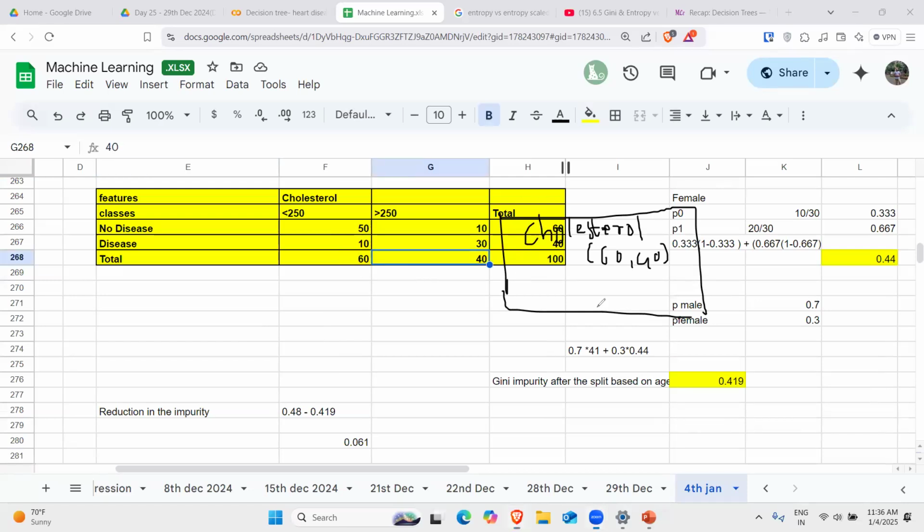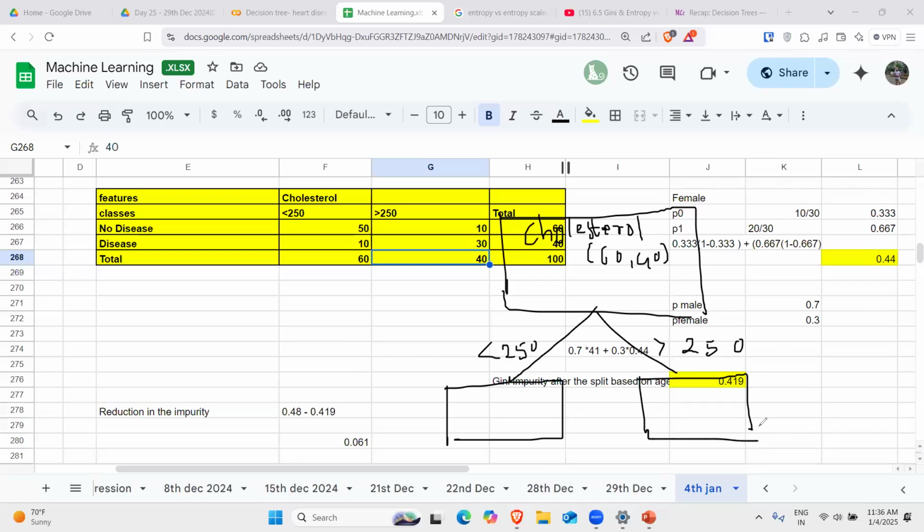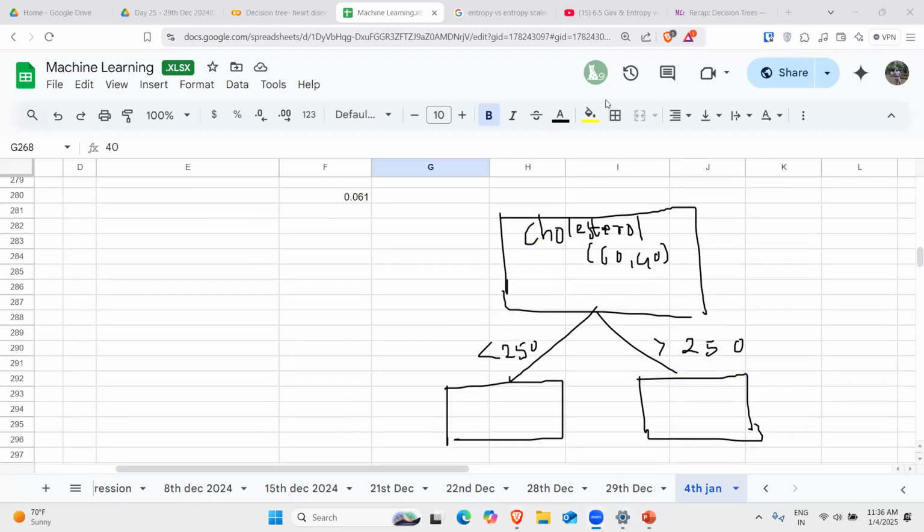Now I'll do the splitting, which is over here. This is less than 250. This is greater than 250, right? And here you'll have different values. Here it is 50, 10. Here it is 10, 30.